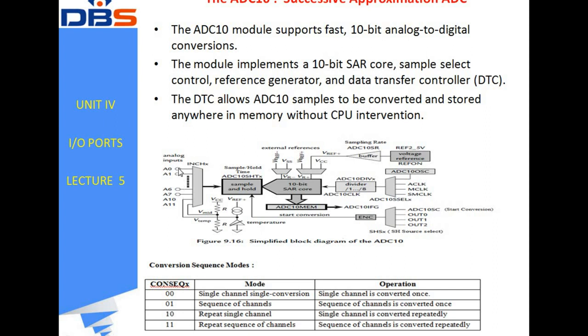See here, A0 to A7 are external inputs, from external blocks, and the remaining, A10 and A11, are the internal inputs. Whenever the data is being transmitted through this channel, it will be stored in the sample and hold circuit, and in order to start the conversion, it needs a trigger, which is given from this input, that is start conversion.